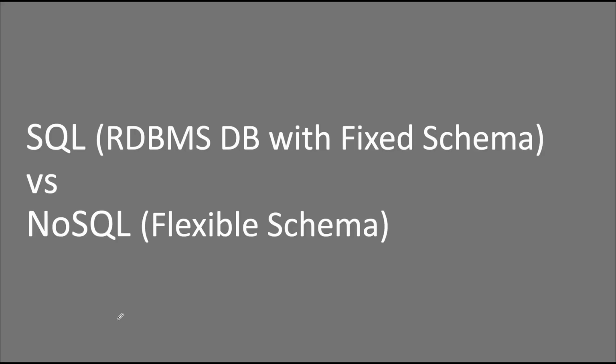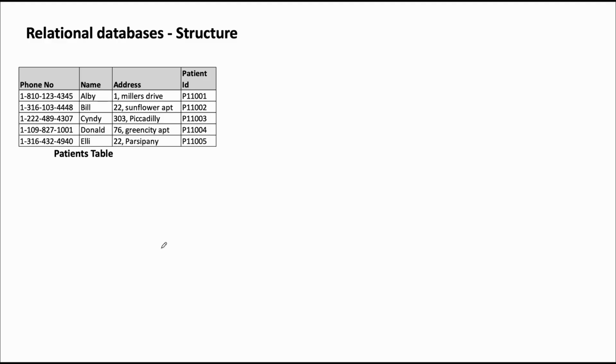Okay, let's start. In this video, I want to discuss the differences between an RDBMS database and a NoSQL database. So when you are using relational databases, we know that a relational database is a collection of related tables.